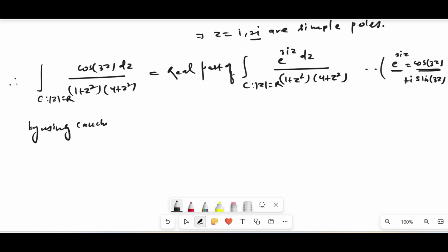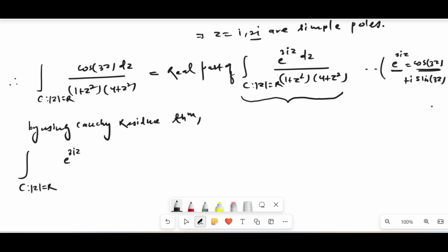the Cauchy residue theorem, the value of this integral can be calculated as the integral over the curve C, mod of z equal to r, of e to the power of 3iz dz over (1 plus z square) and (4 plus z square) is equal to 2 pi i times the sum of the residue at z equal to i plus the residue at z equal to 2i.